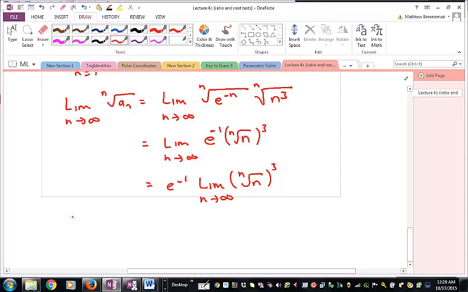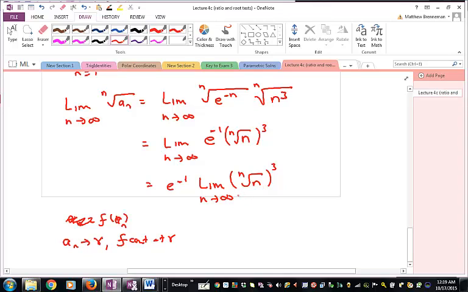Remember we said that if we have some function f of a sub n, and a sub n goes to gamma, and f is continuous at gamma, then the limit of f of a sub n goes to f of gamma.